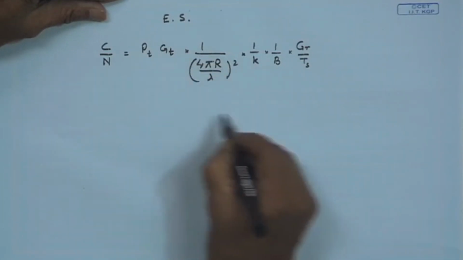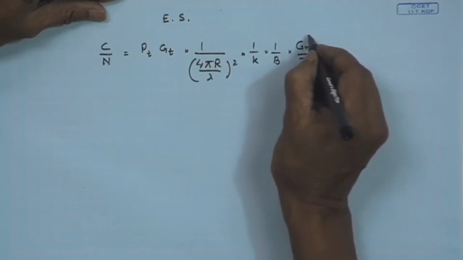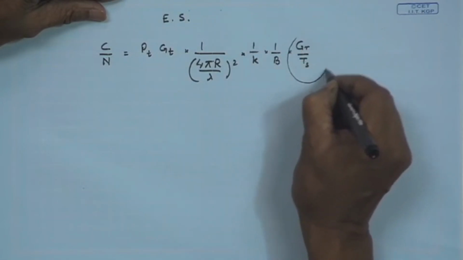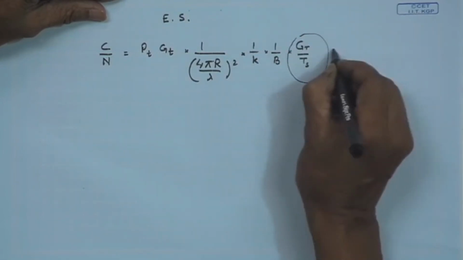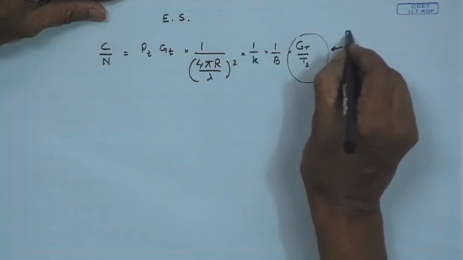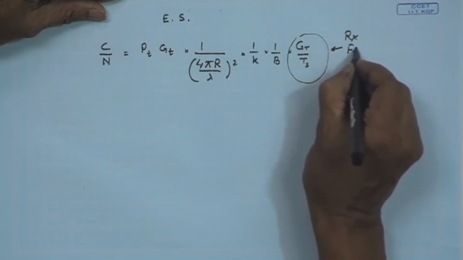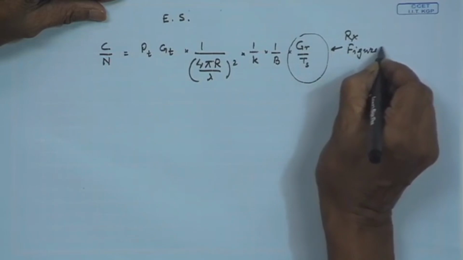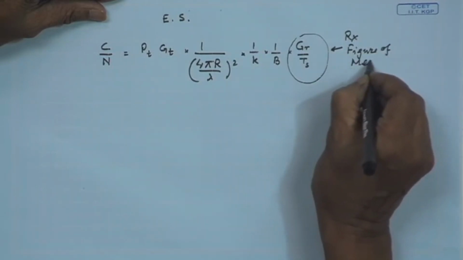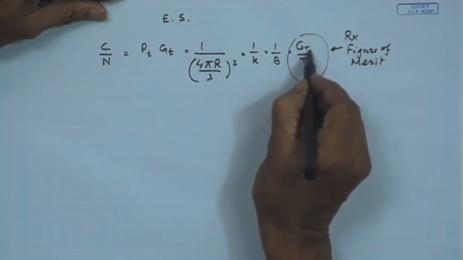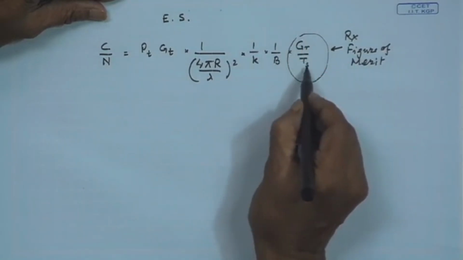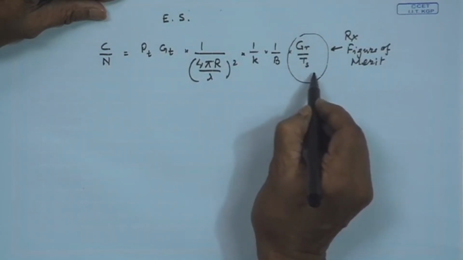But in this one important thing is this particular thing, which is G by T, which is called receiver figure of merit. It talks about the receiver antenna gain and the receiver noise temperature.